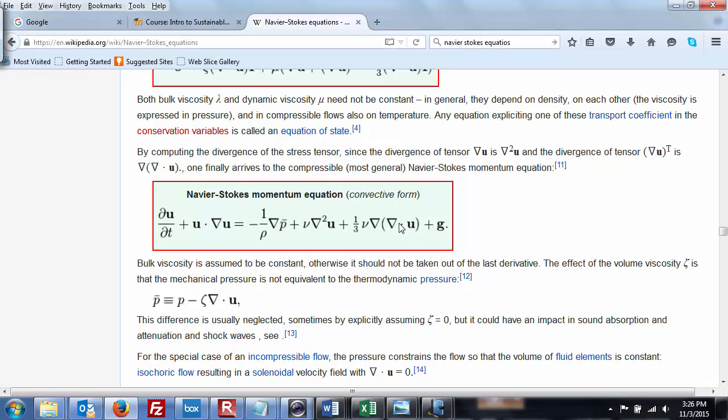The reason for all these del operators is to take into account that the velocity is not just a number, it's a vector. You throw all this into an atmospheric model, throw in some temperature, which is going to change this density, and this is what makes the wind blow.